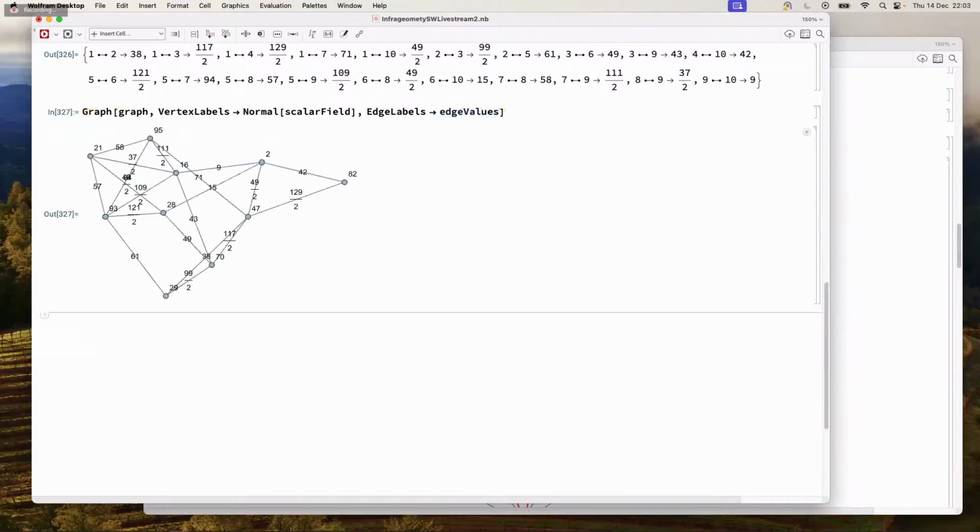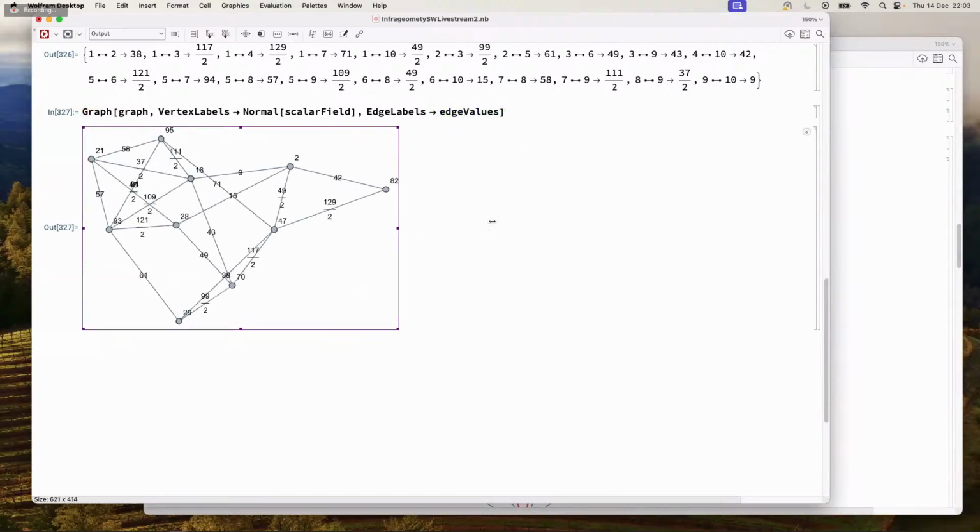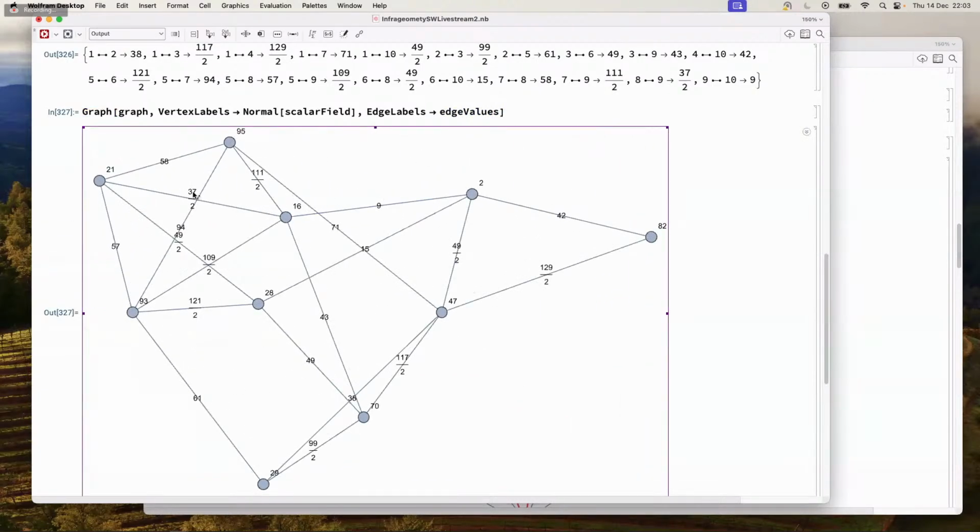Let's do that. Okay, so in this particular case, I've assigned to each edge the average of the values of the two incident vertices. Yep.